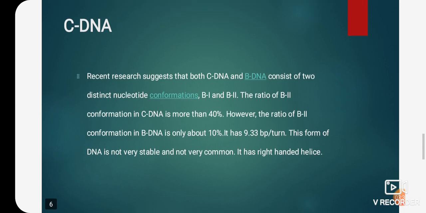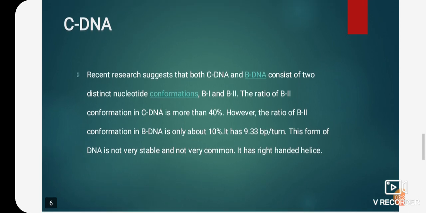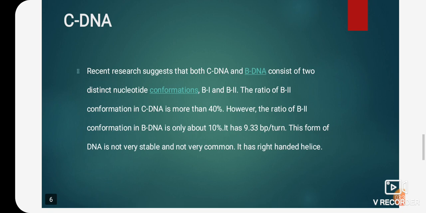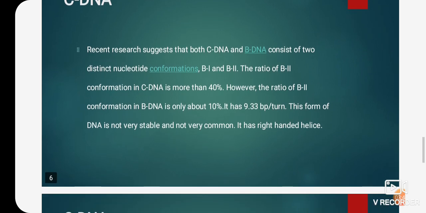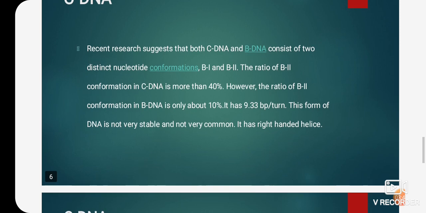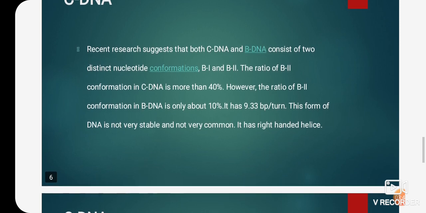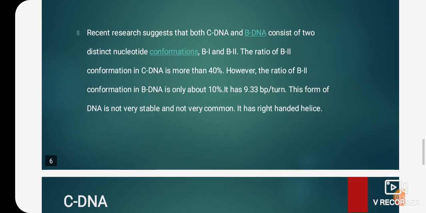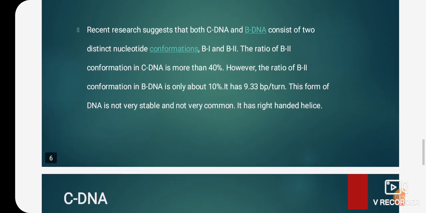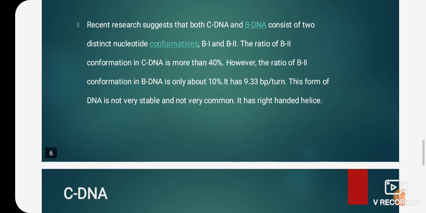However, the ratio of B second conformation in B-DNA is only about 10%. It has 9.33 base pairs per turn. This form of DNA is not very stable and not very common.